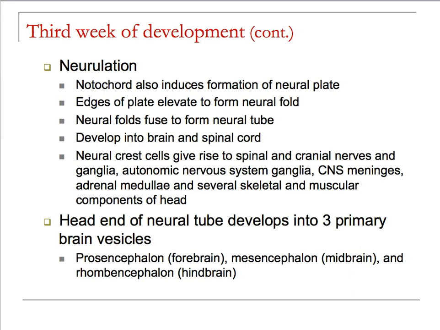But all I really want to do is get us to now the fact that we actually have a developing structure. The first thing that we spend any time thinking about is how do you create neural folds, develop a brain and spinal cord, and then give rise to all of the cranial nerves, the ganglia, the autonomic nervous system, as well as everything else that's going to be innervated by these. And that's pretty much where we're going to stop.